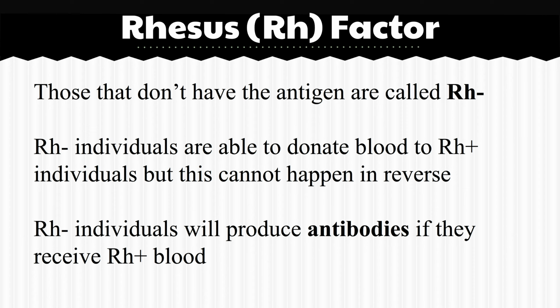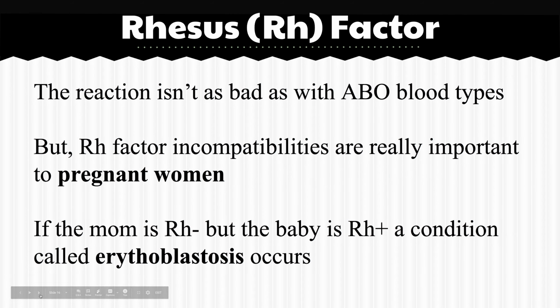The Rh negative doesn't have the antigen, that's why it's negative for the rhesus factor, and so they can only donate to those with negative blood because they have the antibodies against Rh positive. So it's kind of just adding an extra layer on to who can donate.